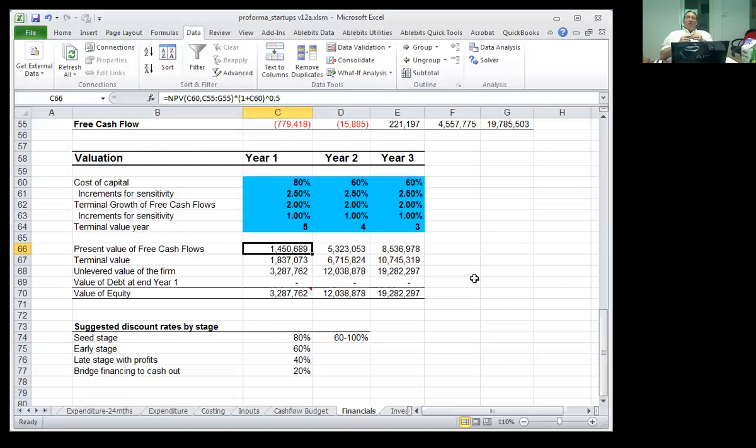Now, you notice one thing: the present value of my free cash flows is not equal to the firm value. For the firm value, I have to add a second number called terminal value. So what does terminal value mean? In our model, it's the value of the company by the end of year 5 or whatever.